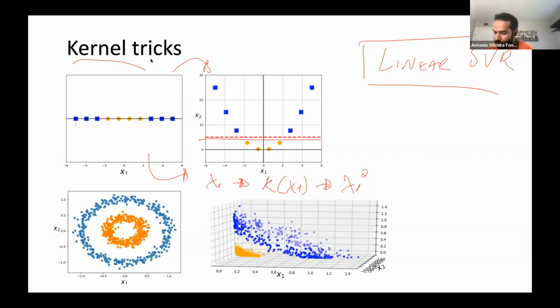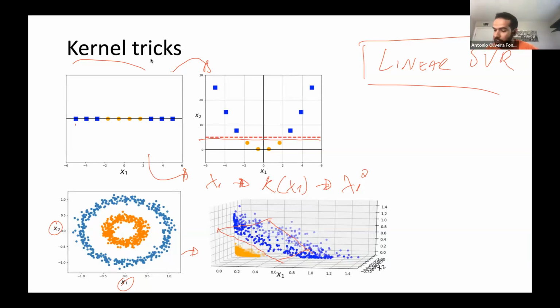In this case, we do something similar. It's also a quadratic, but a quadratic in 2D space, right? So now in this space, you see that the orange points are separable by a hyperplane from the blue points, okay?